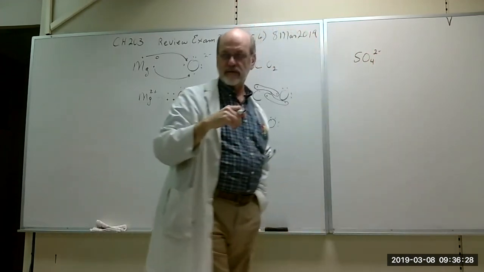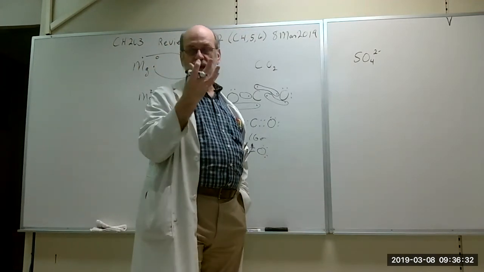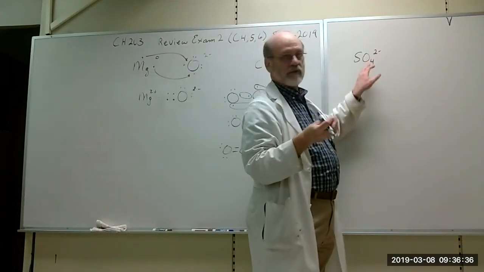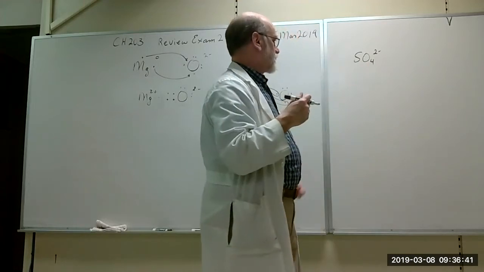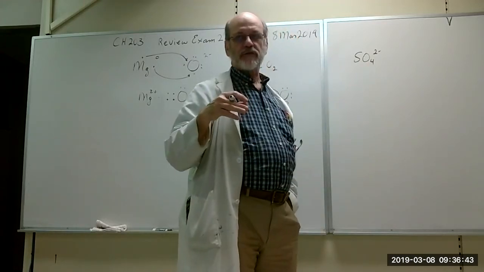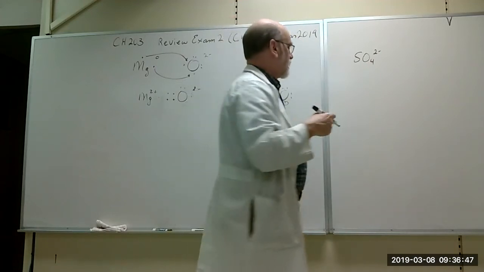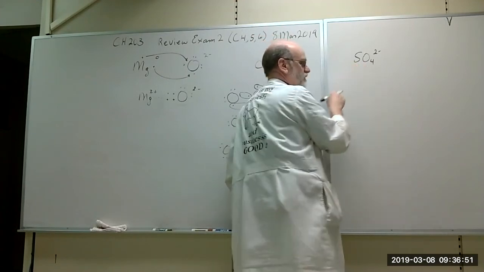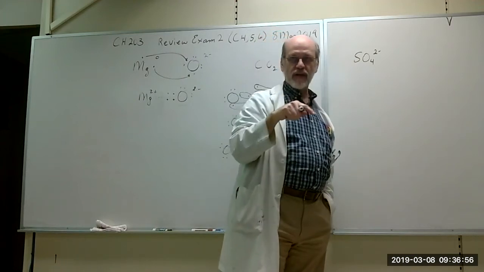The sulfate polyatomic ion. All the polyatomic ions are covalently bound, and they share their charges, whatever they might be, over the entire molecule. So if we want to draw the Lewis dot structure for this molecule, there are certain steps that you go through. First, you look at each of the elements, find out how many valence electrons are assigned to that element.